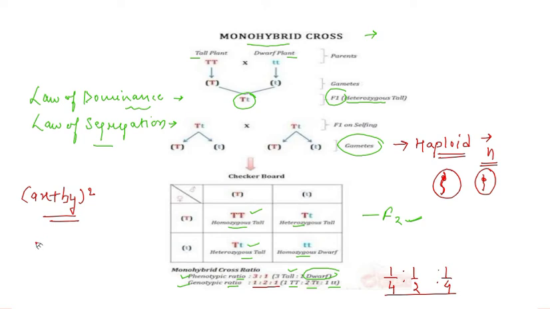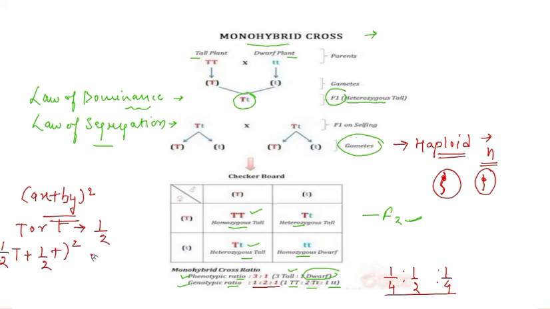How? Here the gametes that bear genes capital T or small t, they are bearing genes in equal frequency of half. So you can make here the expression like this: (1/2 T + 1/2 t), right?